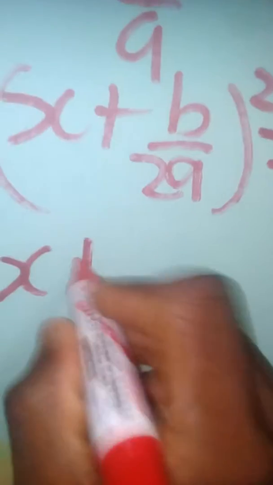Now moving forward, this gives us x plus b over 2a all square is equal to, I'm going to take the LCM between these two. This gives me 4a squared. Now 4a squared divided by a gives me 4a, times c gives me minus 4ac. Now 4a squared divided by 4a squared gives me 1, times b gives me b squared because of the square.